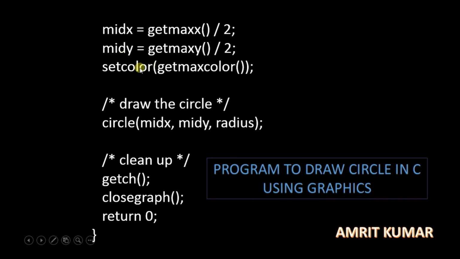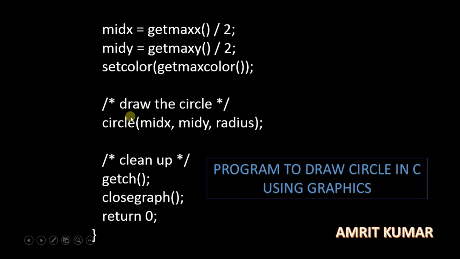Then I use setcolor, with getmaxcolor, which is a predefined function in the graphics header file. Whatever the maximum color is in C language will be used in setcolor. setcolor is the function used to set the color of the circle.